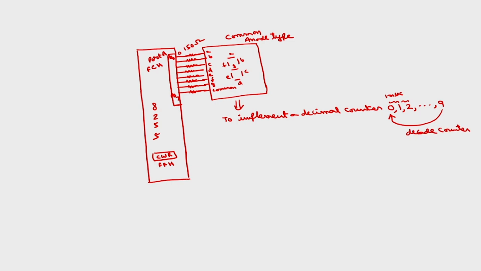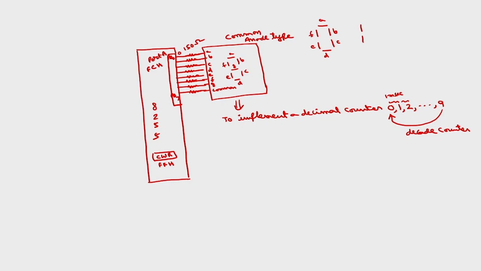Then the first step is how to display digits. I want to display 0 like this. I have only one option. So in order to display 0, these are the segments that have to be glown: A, B, C, D, E, F. G has to be off. To display 1, we can select 2 ways.